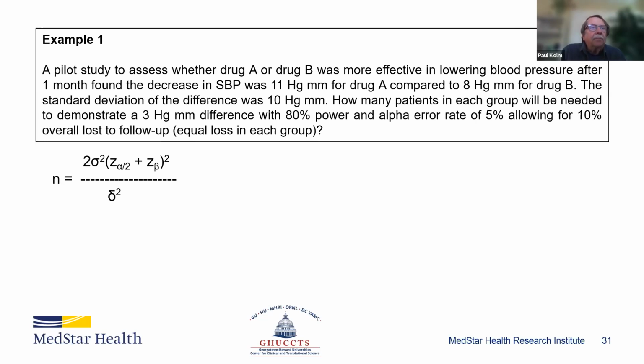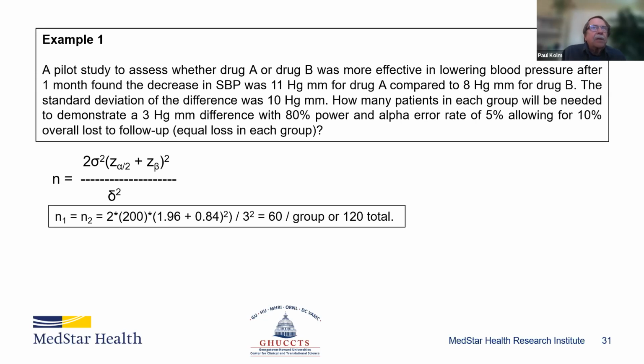So going back several slides, I have the formula that we need here. So we have our within group standard deviation, which we said was 10. Oh, I think I got the wrong number in here, but that's okay. So we would have 2 times our standard deviation squared, our variance, which I put 200 in here, but if it was 10, then it would be 100.